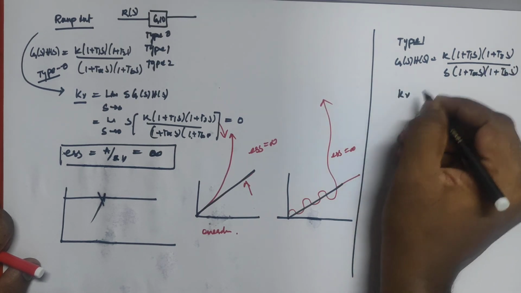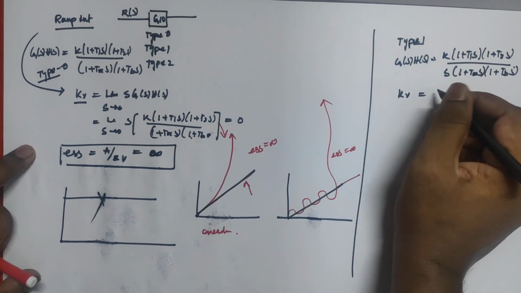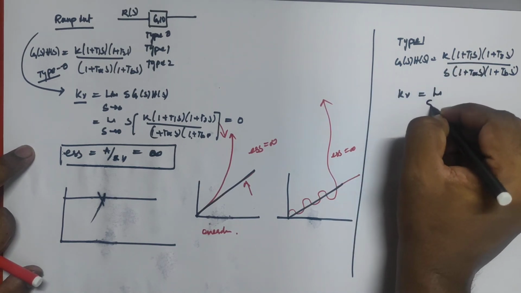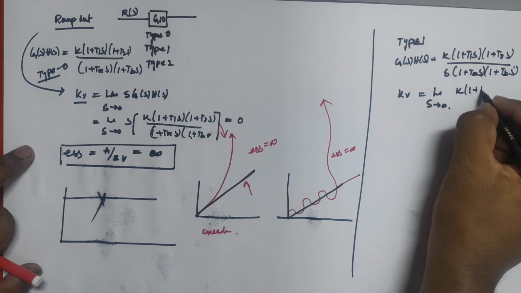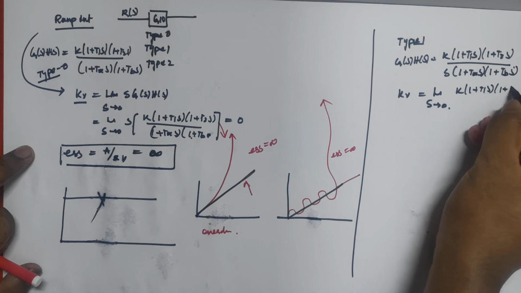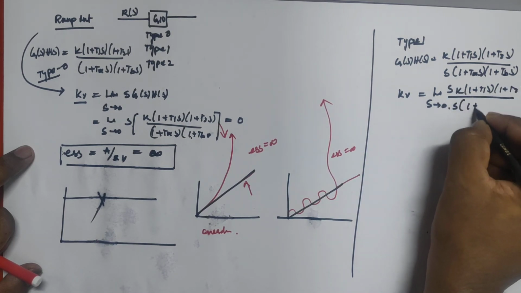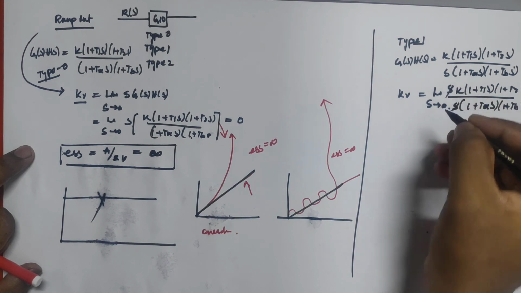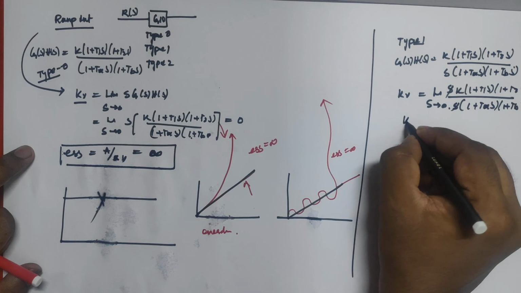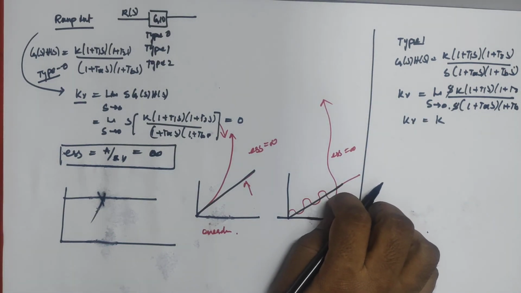Now for a ramp input, the velocity error coefficient Kv is limit s tends to 0, s into K (1 + T1 s)(1 + T2 s) by s into (1 + Ta s). So this s gets cancelled, substituting 0 here, Kv is some constant K. Okay, now we are getting an answer.